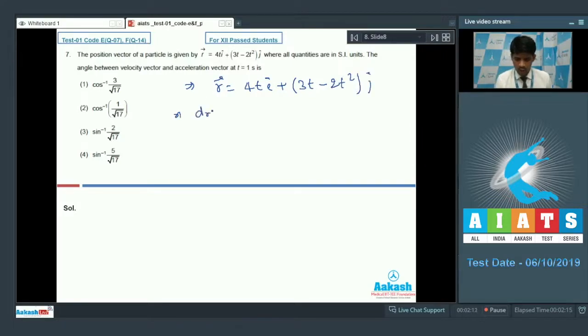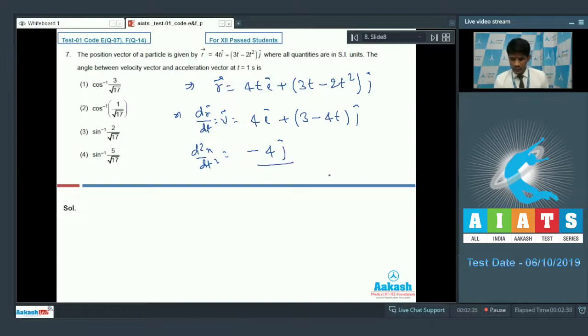The first derivative will give us the velocity, that is 4 in the i direction plus (3 - 4t) in the j direction. The second derivative will give us the acceleration vector. This derivative would be 0 and this derivative would be 0. I'm left with -4 in j.